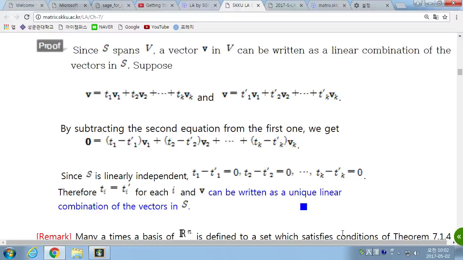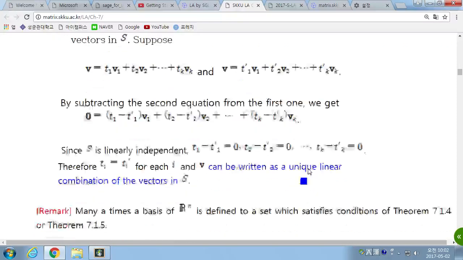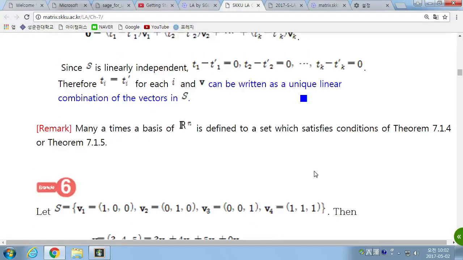This proof shows, suppose you have two different linear combinations of a basis for the same vector, then these coefficients should be all the same, which means you have a unique linear combination of a basis to make v.